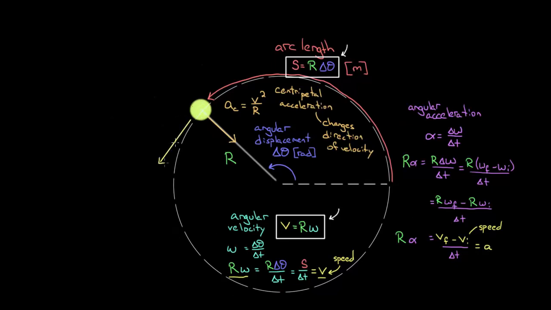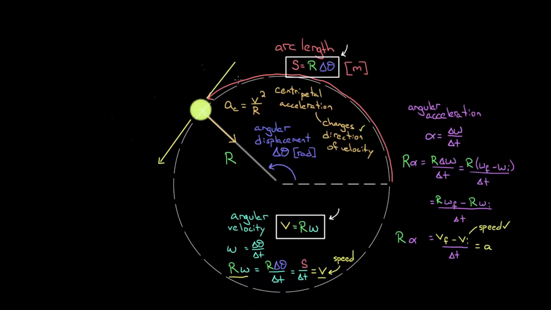tangential to the circle. Because components of acceleration that are directed perpendicular to the velocity change the direction of the velocity, but components of acceleration that are directed parallel to the direction of the velocity change the magnitude of the velocity, i.e. the speed. To change the magnitude of the velocity, in other words, to speed something up or to slow it down, you need a component of that acceleration that's either in the direction of motion or opposite the direction of motion.